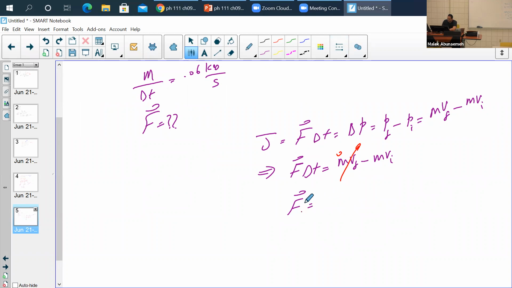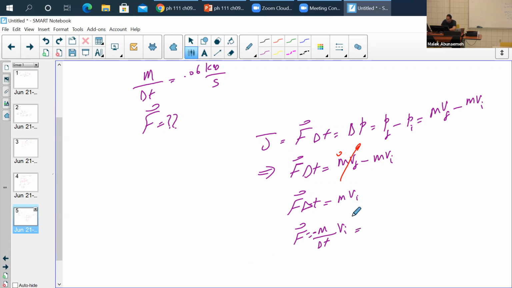well, your force multiplied by delta T equals your MV initial. That means the force is going to equal your mass over your delta T multiplied by your V initial. Don't forget the negative.